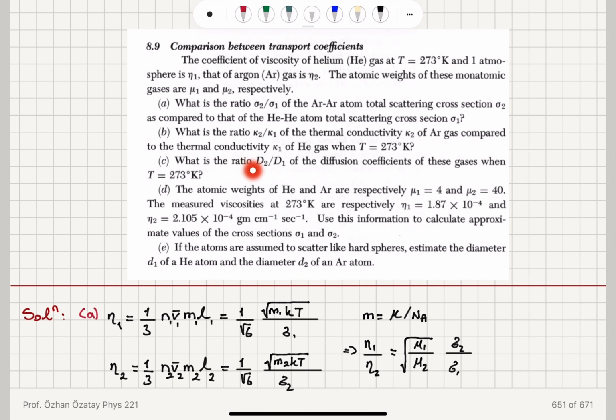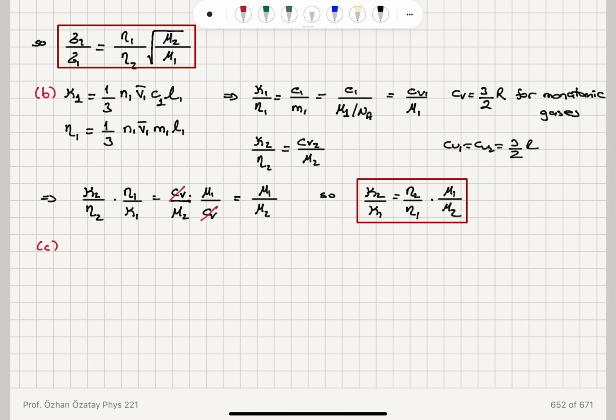Part C, what is the ratio d2 over d1 of the diffusion coefficients of these gases at the same temperature, 273 Kelvin? Now the diffusivity d1 is 1 over 3, according to elementary kinetic theory, v1 bar multiplied by L1. So if I divide this by the coefficient of viscosity, eta 1, which is 1 over 3 N1 V1 bar M1 L1, we find that the ratio is diffusivity divided by viscosity.